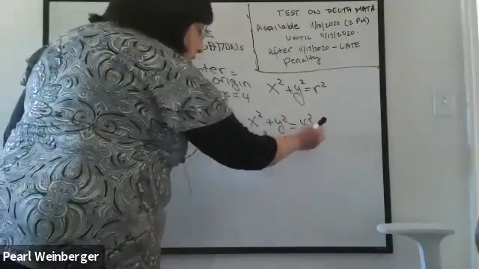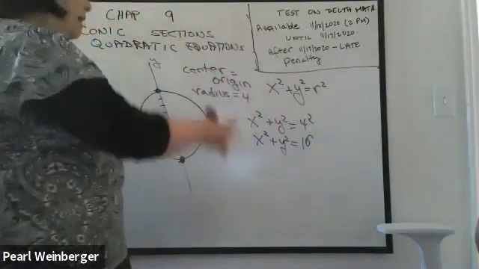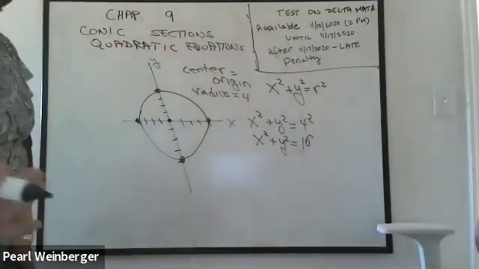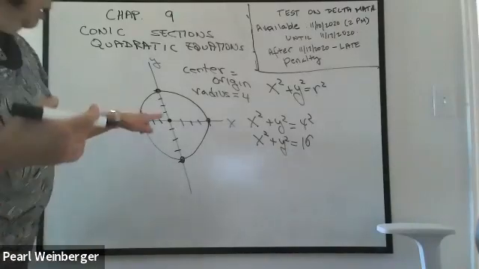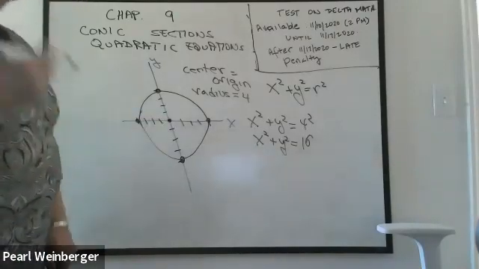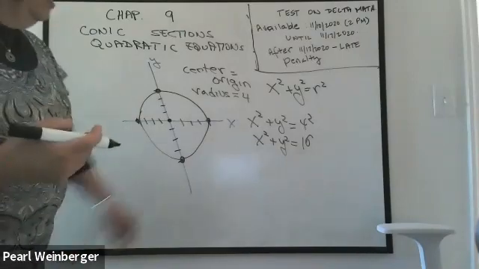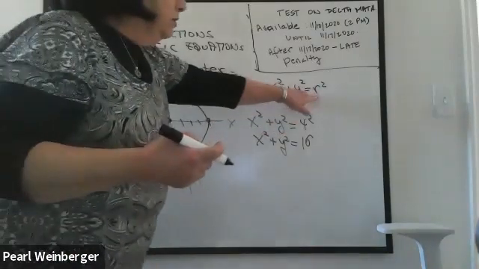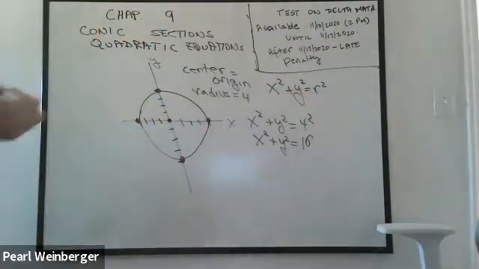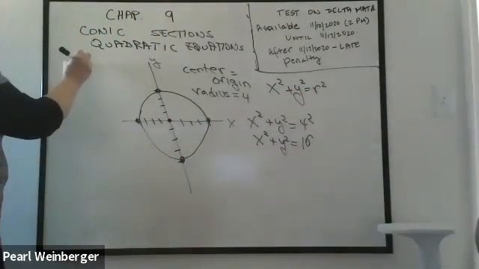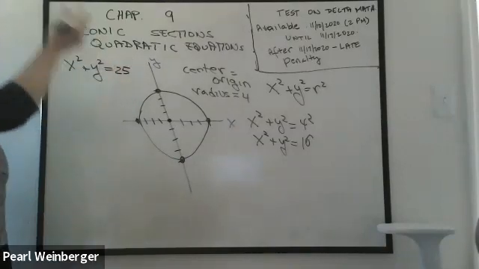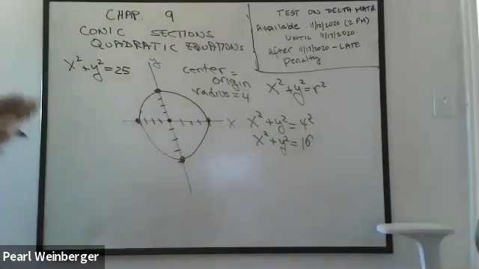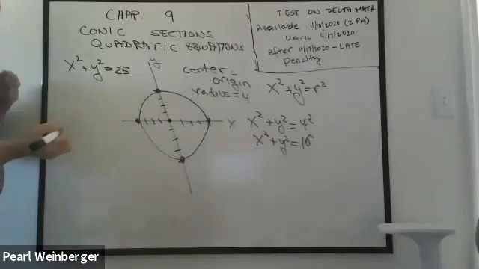And when I see an equation of this format, x squared plus y squared equals a number, I know that it stands for a circle, that the center is at the origin, and the radius is the square root of this number. So if I were to give you something like x squared plus y squared equals 25, again, you'd know it was a circle and the center is at the origin, but in this case, what would the radius be?